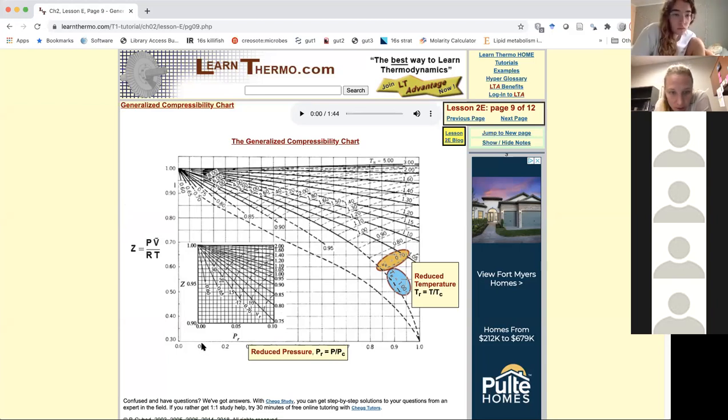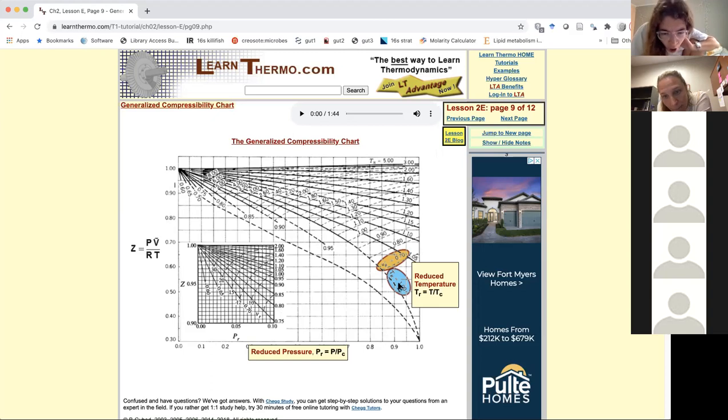We go here to 0.1, and then there are lines in your book, but 0.123 is probably about here. We're going to go all the way up until we connect with the line for our reduced temperature. The temperature lines are the ones going this way, and specific volume lines are the ones going this way. We need to find the reduced temperature that corresponds with 0.99. Here we have 1.1, 1.15, and here's 1.